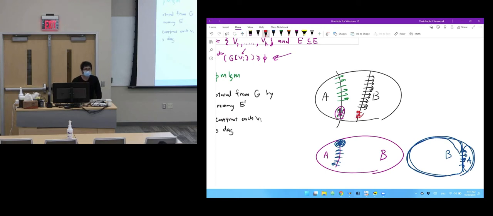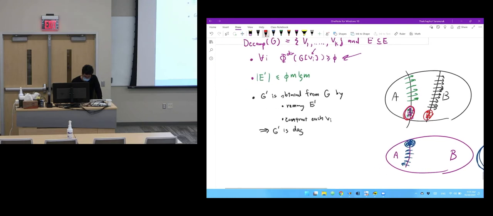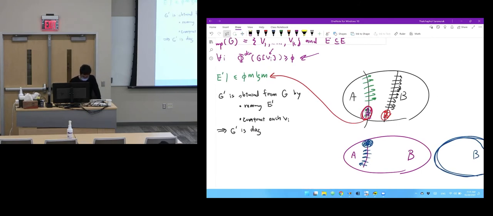You keep doing this again and again. The total number of edges that you will remove is going to be this much, just by the same charging argument. And when you stop, let's say you cannot find any sparse cut here, then it means that inside this part there is no sparse cut in any direction. So if you stop here, then you get an expander.